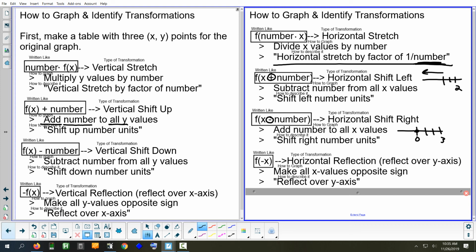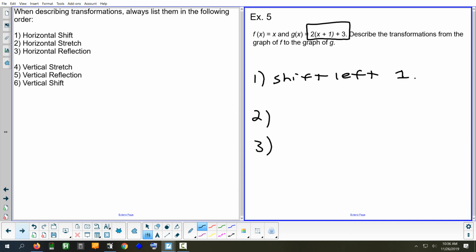So horizontal stretch. What does a horizontal stretch look like? Look at our chart. James? f of a number times x, and where's the number? Right in front of the x, right inside the parentheses.